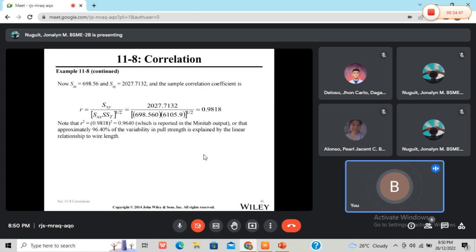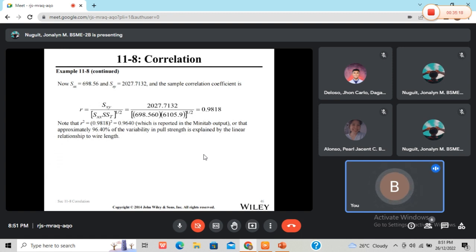The sample correlation coefficient is R equals S_XY over the square root of S_XX times SS_T, where S_XY is the sample covariance, S_XX is the sum of squared deviations from the mean value of X, and then we have the total sum of squares.